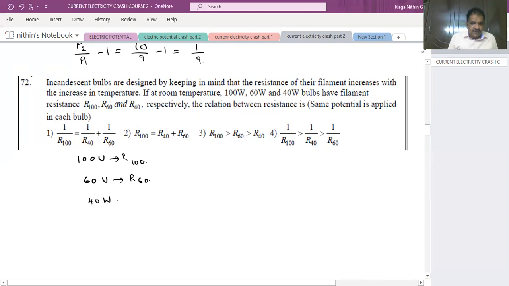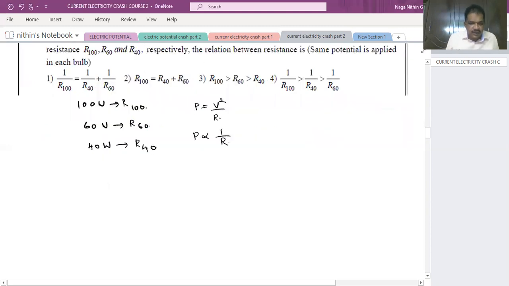Power is 40 watt, resistance is R40. So 100 watt power is obviously greater than 60, greater than 40. Power is equal to V square by R, so P proportional to 1 by R. That we will use here.